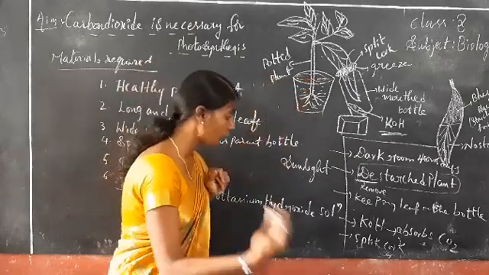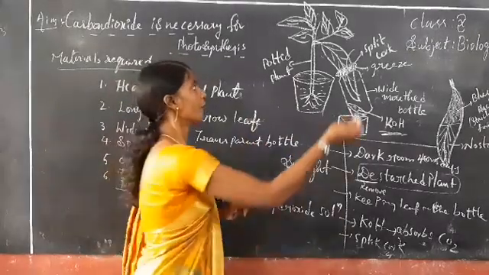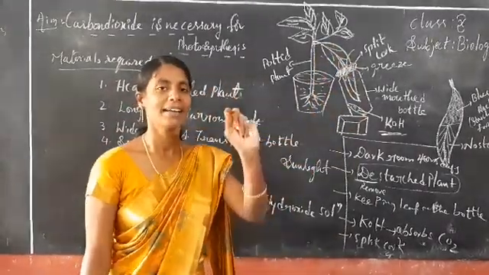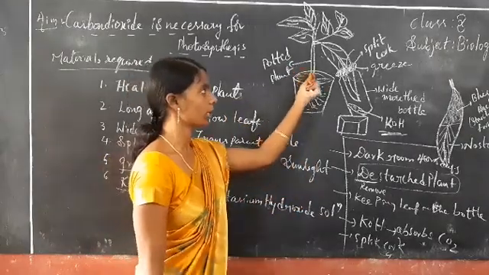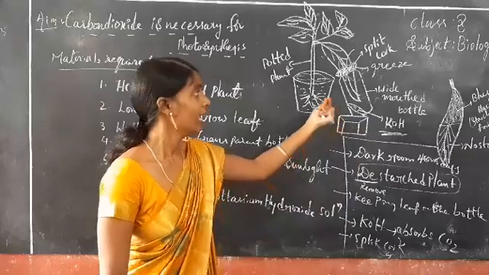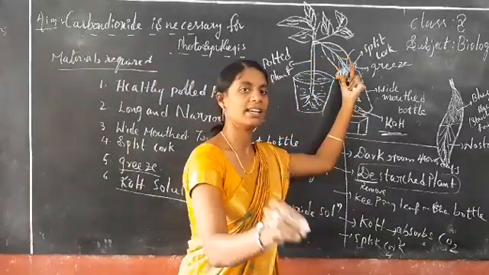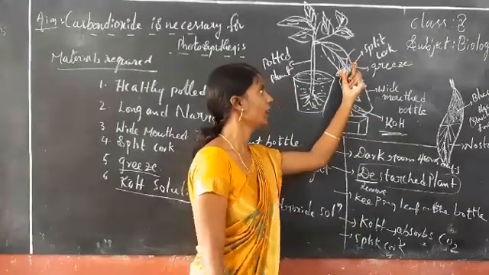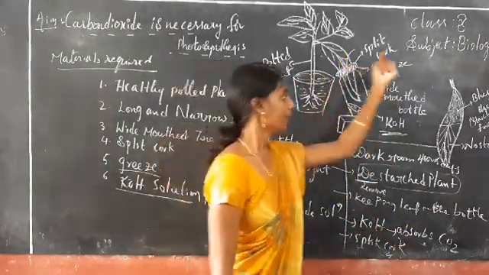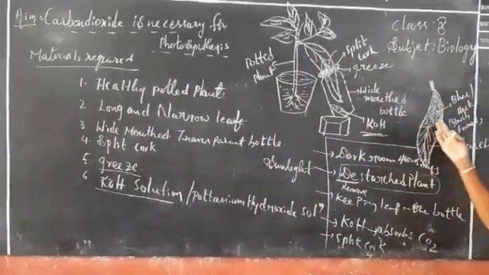And after 3 to 4 hours, we can remove the narrow leaf you selected in the potted plant, which was kept inside the wide-mouthed transparent bottle. That leaf only, which is inside the transparent bottle, we remove carefully and keep in a petri dish, as we can see in this way.